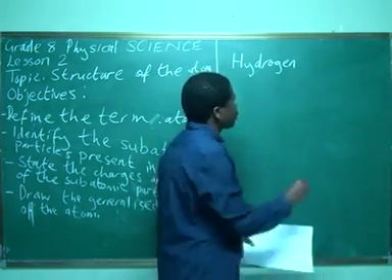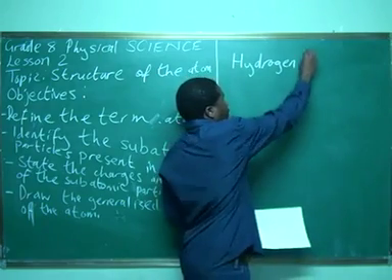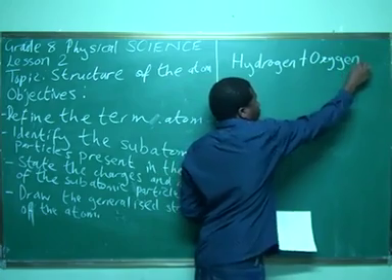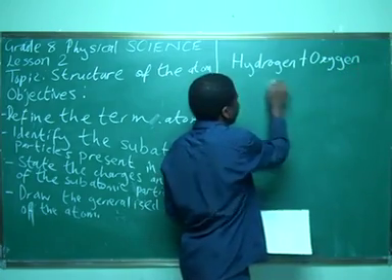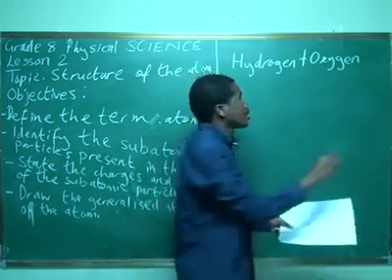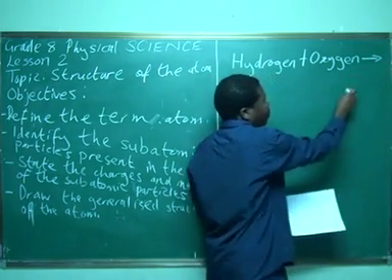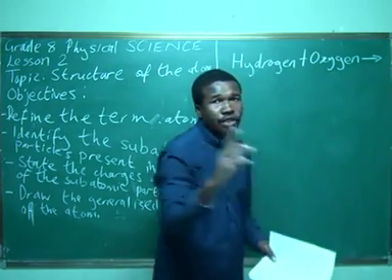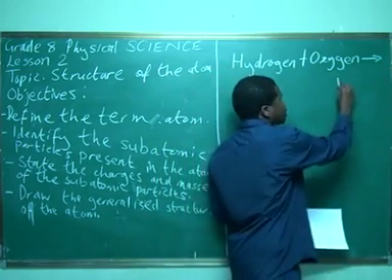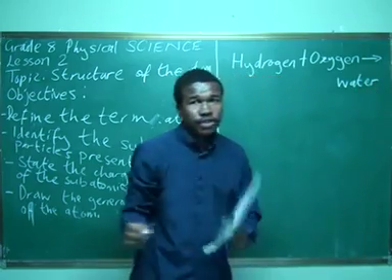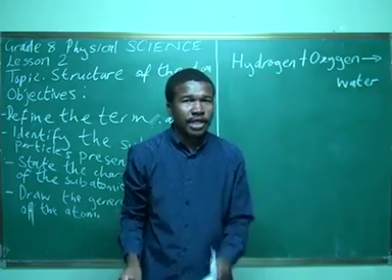So if we take hydrogen plus oxygen, they will produce, when we write word equations, the arrow is supposed to be here to say it produces. I'll write the product under. Hydrogen plus oxygen gives us water.